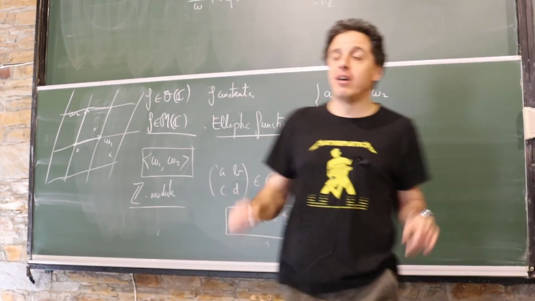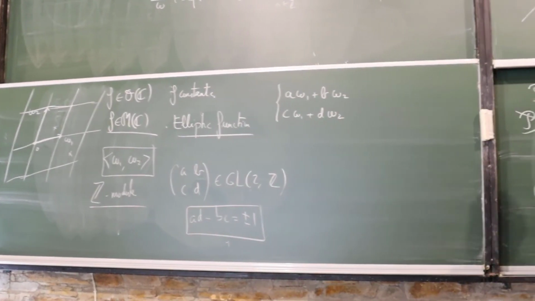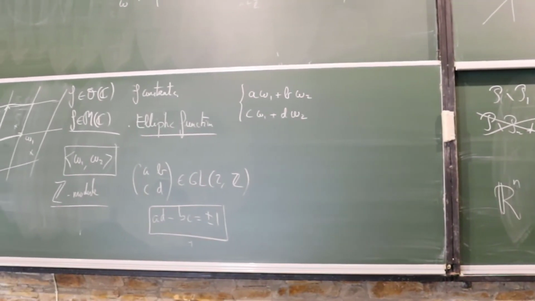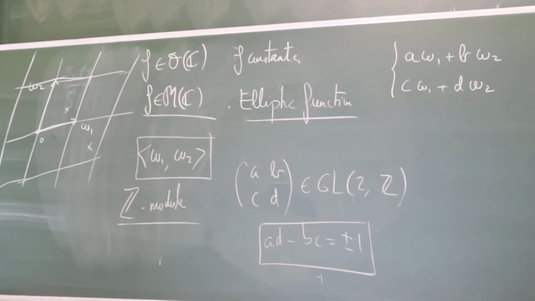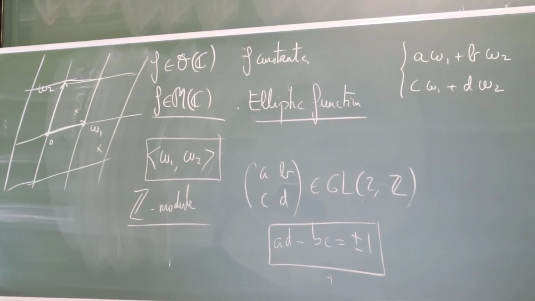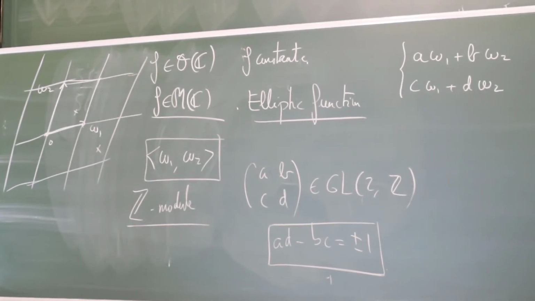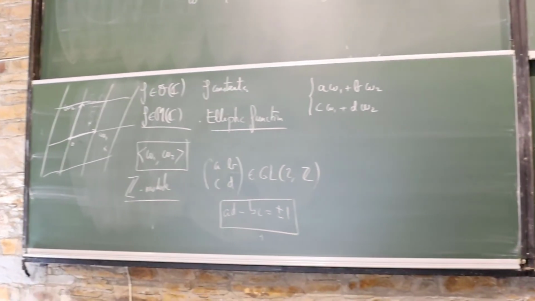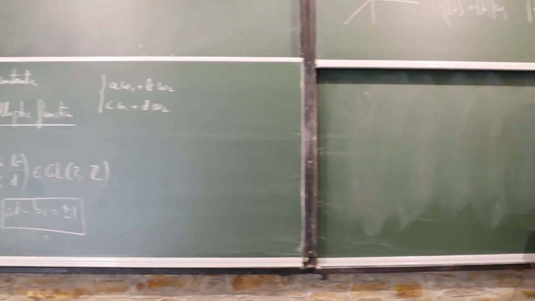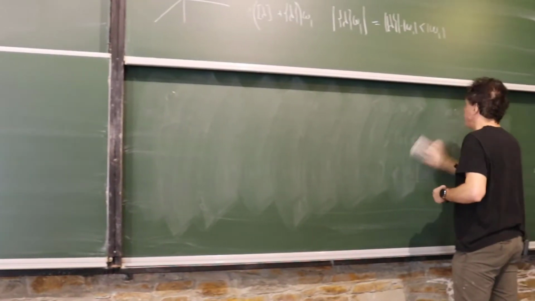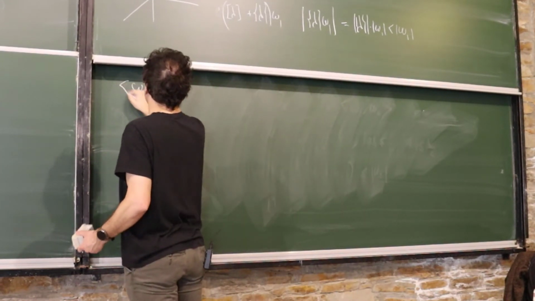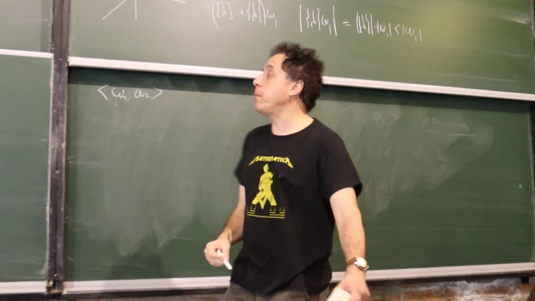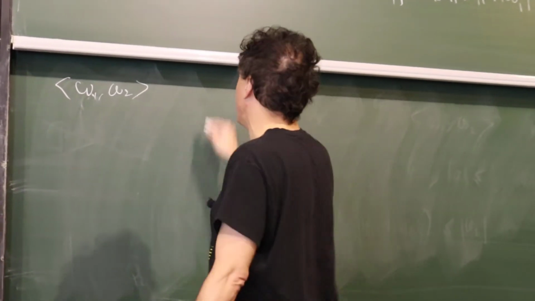Can some canonical, or more or less canonical, set of generators be constructed, or at least a more or less useful set of generators, in the following way? For such a set of generators, omega 1 and omega 2, a number that is going to be important is the quotient of these two.